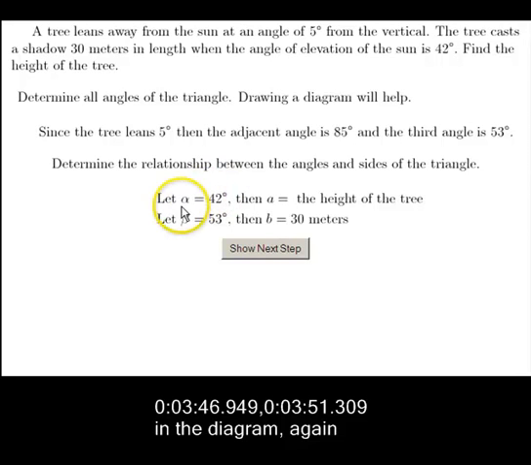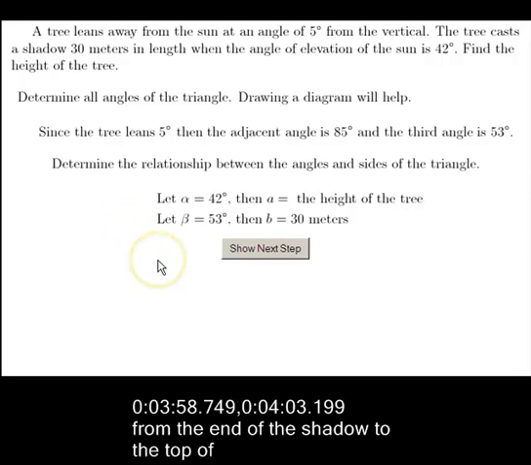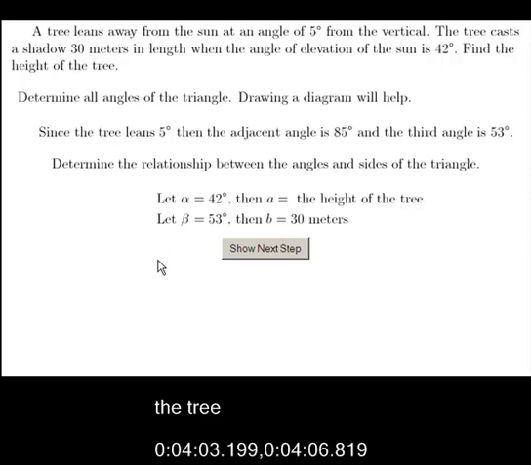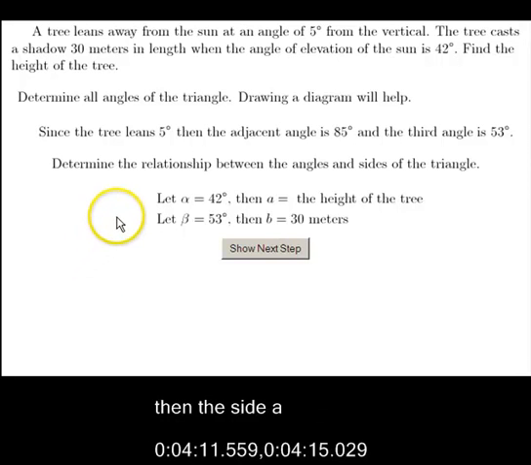So, in the diagram, again, we have our triangle made up of the tree, the horizontal line, and this line from the end of the shadow to the end of the tree. If we let this angle be alpha, which is 42 degrees, then the side a is the height of the tree.